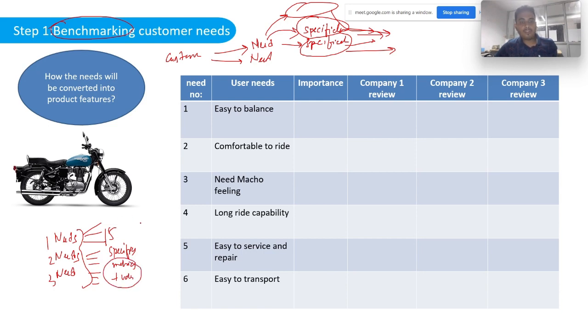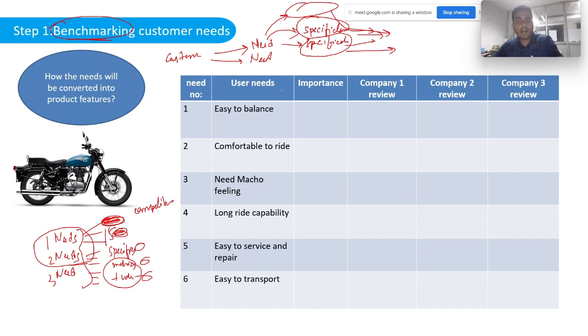Now we check the existing competitors and what they are trying to address. Probably they address a few of the needs, but within that, what specifications they are actually fulfilling. That's one goal of benchmarking.